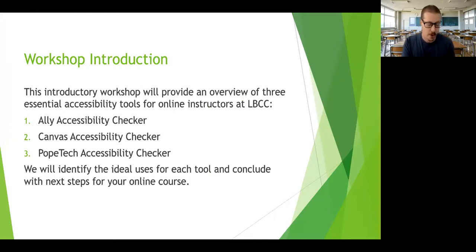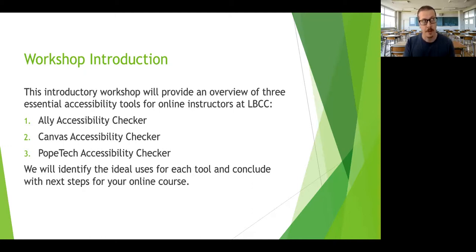So at Long Beach City College, we have 3 essential accessibility tools. Number 1 is Ally Accessibility Checker. Number 2, Canvas Accessibility Checker. And number 3, Pope Tech Accessibility Checker.